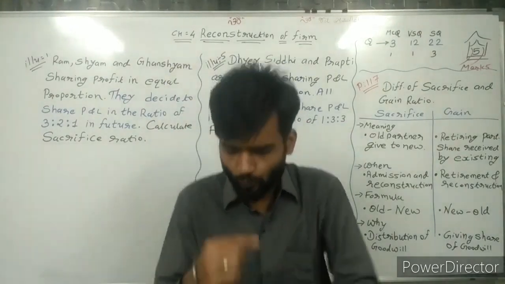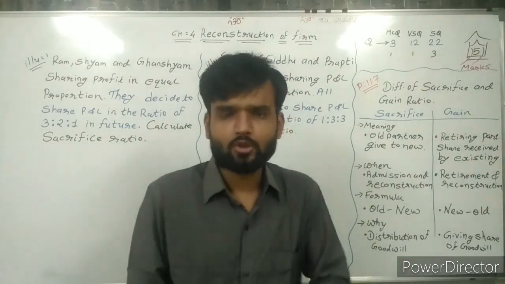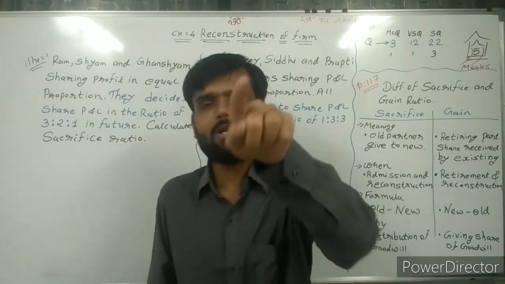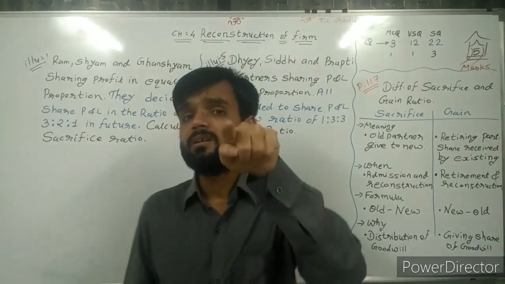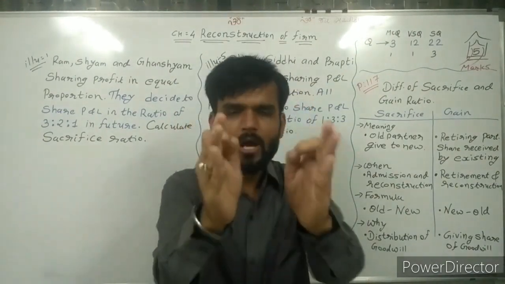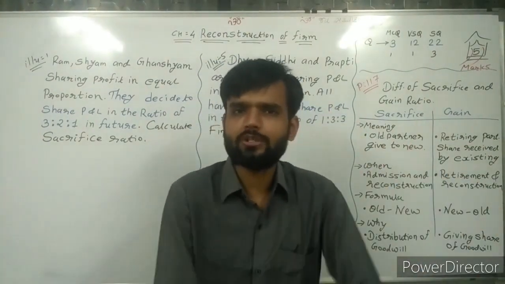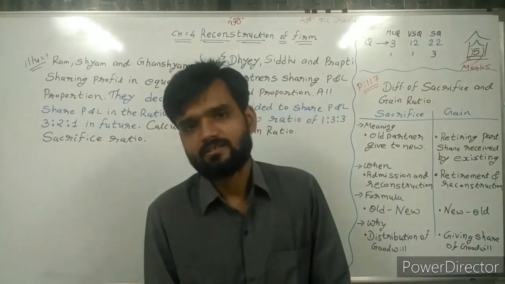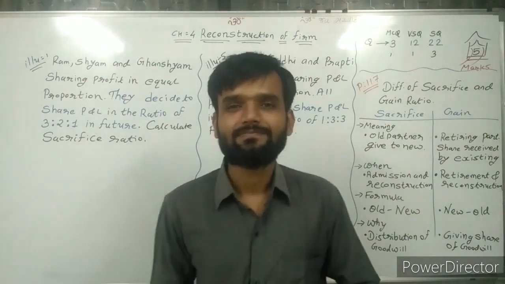So from next month you will get 10% less than 20,000. 20,000 minus 10%, that is 2,000 less. You will get 18,000. So how many rupees have you sacrificed? 2,000 rupees is the sacrifice done.